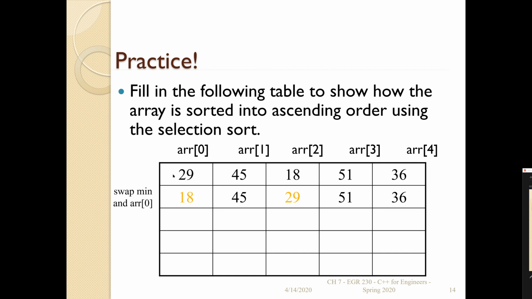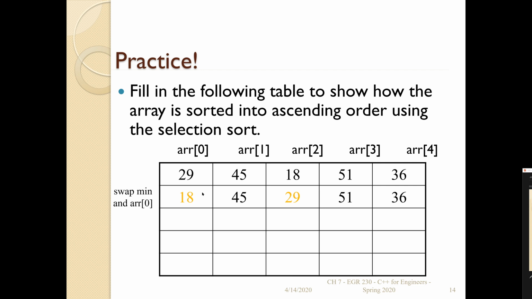It takes it and swaps it with the first item. Okay. So after your selection sort algorithm runs one time, goes through one iteration, we now have 18 in the first slot, and then the 29, of course, went over here.